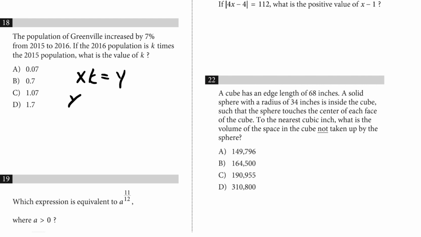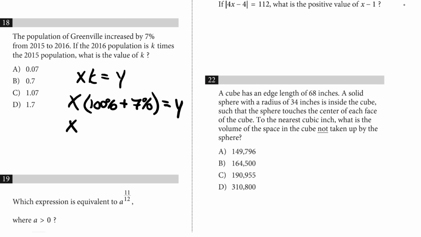And when we have a 7% increase, that's going to be 100% plus the percent of the increase. In this case, it's 7%. And that's going to equal the population in 2016.